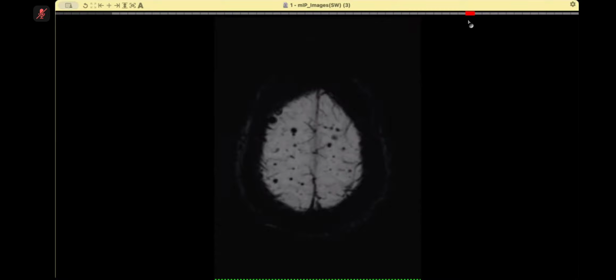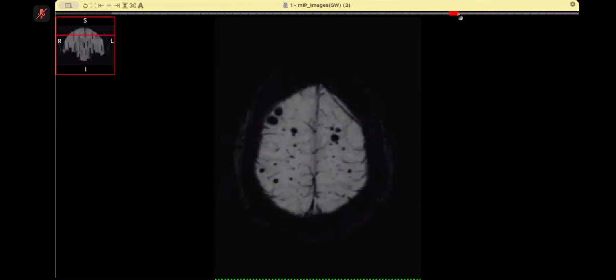So my differentials include, number one, it could be multiple cavernomas. The other possibility could be amyloidosis, but it is less likely because there is more involvement of the cortex and the subcortical white matter, and the other could be a hypertensive bleed.